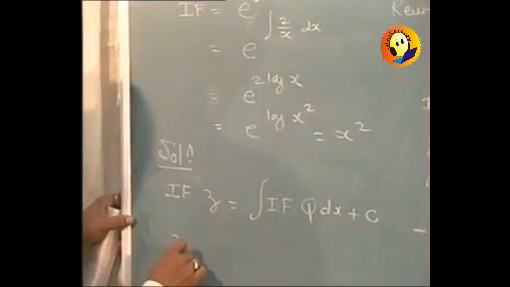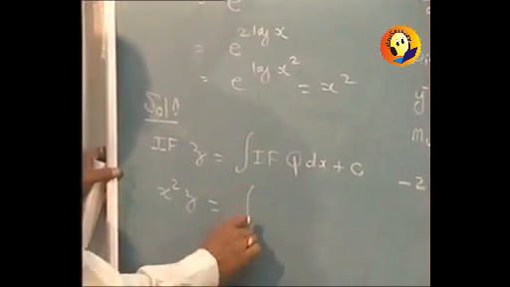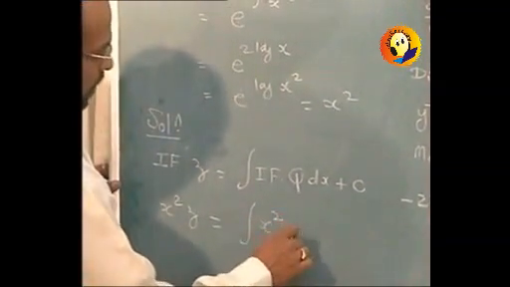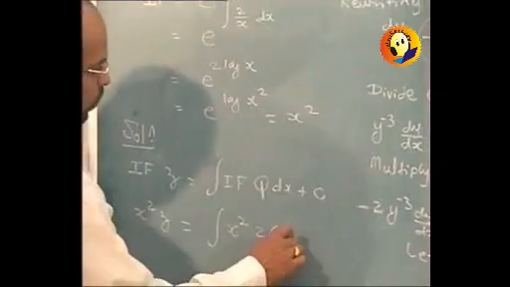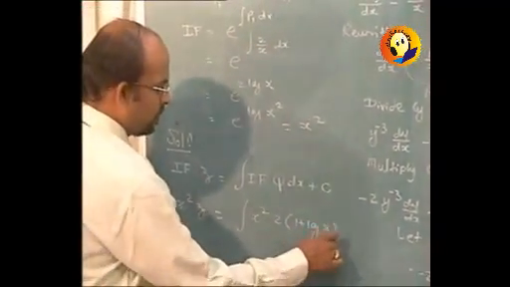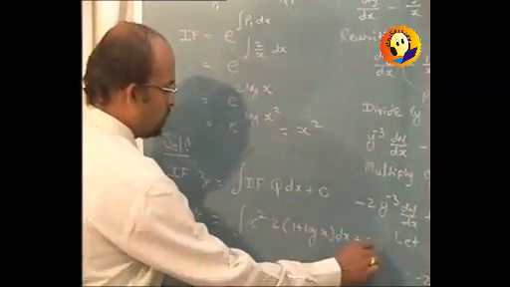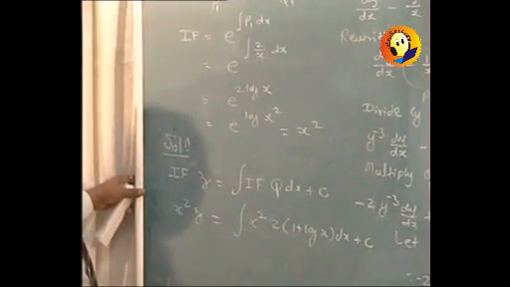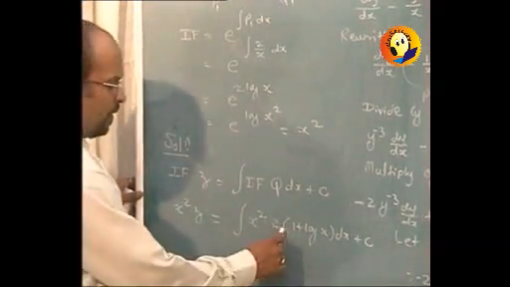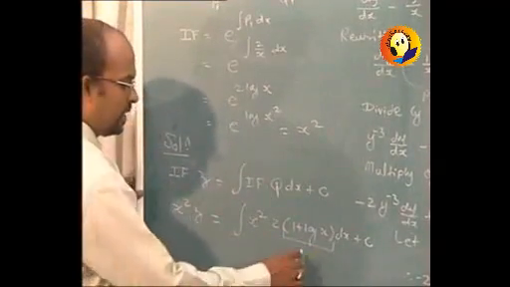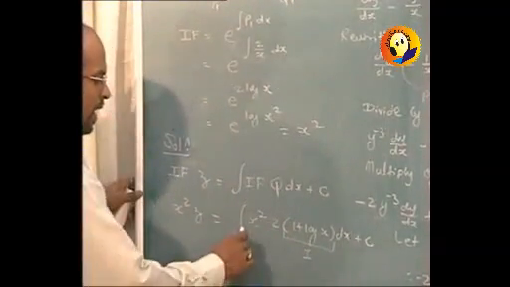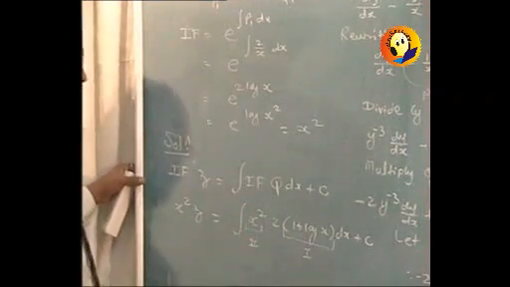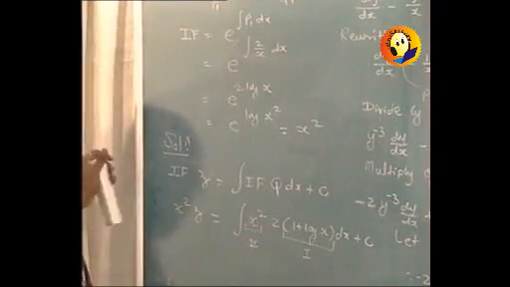So it will be x square z equal to integral x square into 2 into bracket 1 plus log x dx plus constant. As the log term is definitely not integrable, I will take this 1 plus log x as function 1 and x square as function 2, and will proceed for integration by parts.